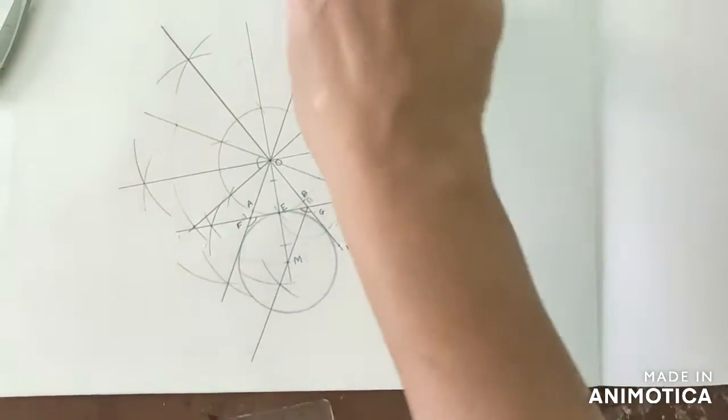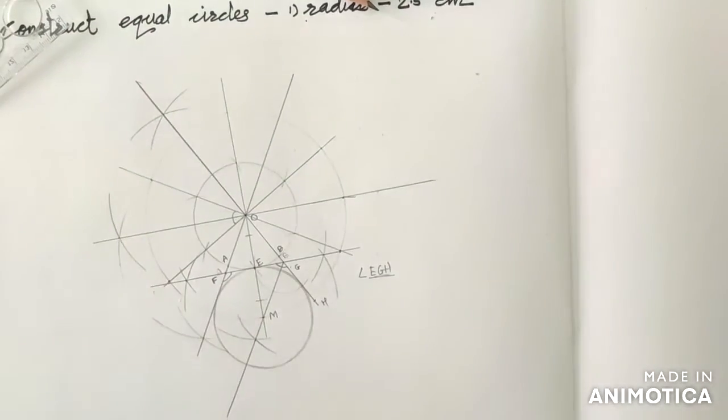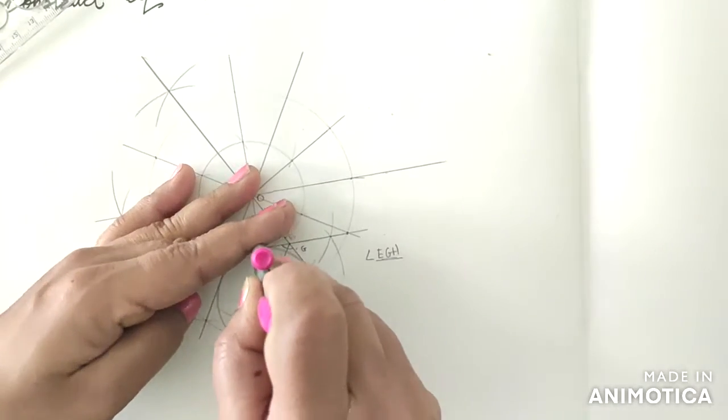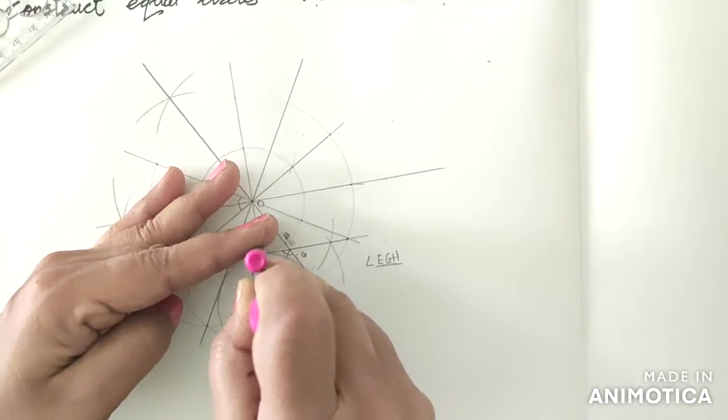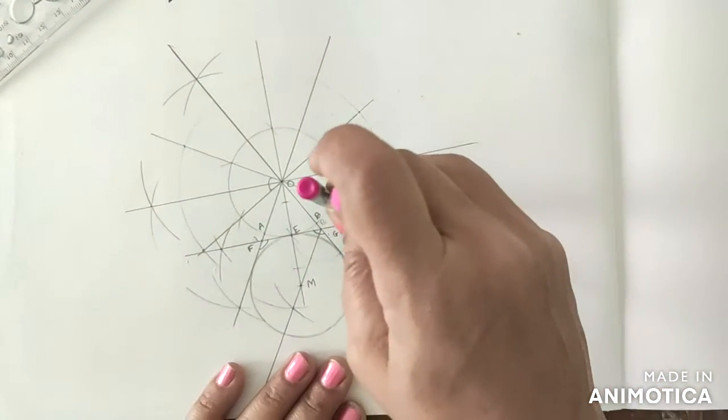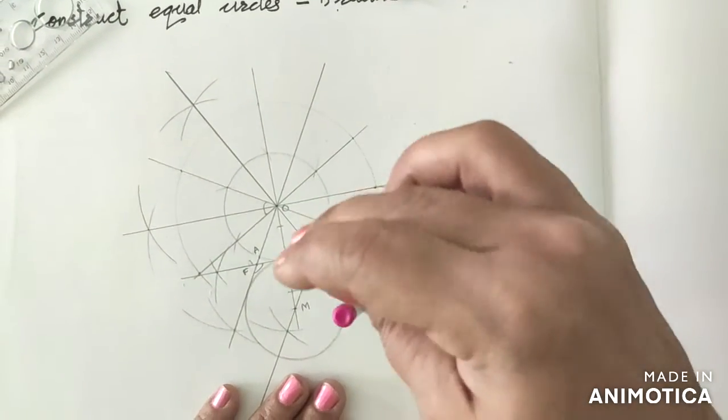So using same length, no need to bisect new angles or to draw a tangent now. Simply use that same distance only, using those same points, the same distance, this much. Start drawing all the circles.